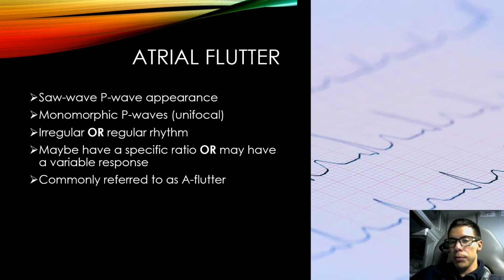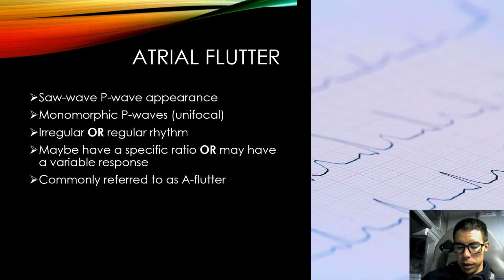It's just there's going to be extra ones. There's going to be more P waves than there are QRS complexes. It can be regular, it can also be irregular. It just kind of depends. And it can be with a certain ratio, or it can be what we call a variable response.